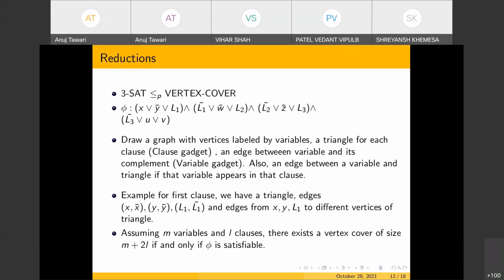So what is a vertex cover for this graph? You look at all the edges, which is x comma x bar, y comma y bar, L1 comma L1 bar, and then there are the edges going to various vertices of the triangles. So you have to cover all these edges. You want to find a subset of vertices which covers all these edges.